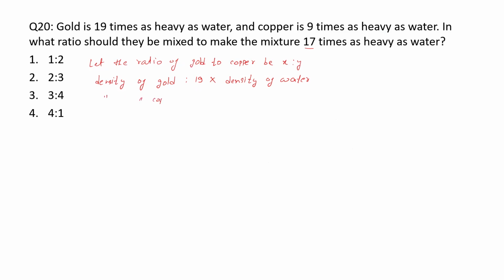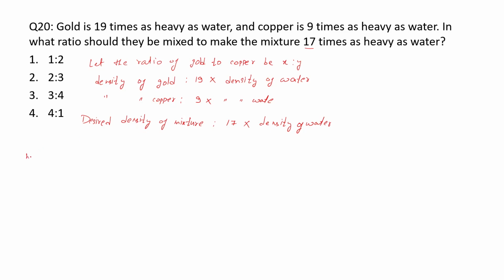Density of copper is 9 times density of water, right? Now, desired density of the mixture. What do we want? We want 17 times density of water, right? That is the desired density of mixture.